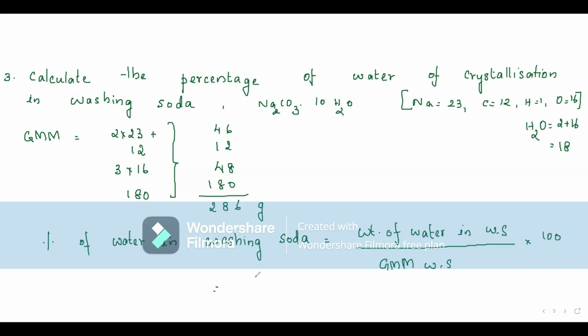That is, weight of water is 180. 180 into 100 by 286. When you solve this, you will get around 62.94%. 62.94% is the answer. This is the percentage of water of crystallization.